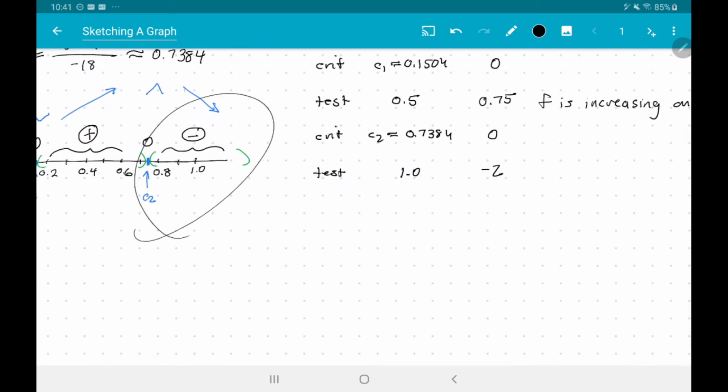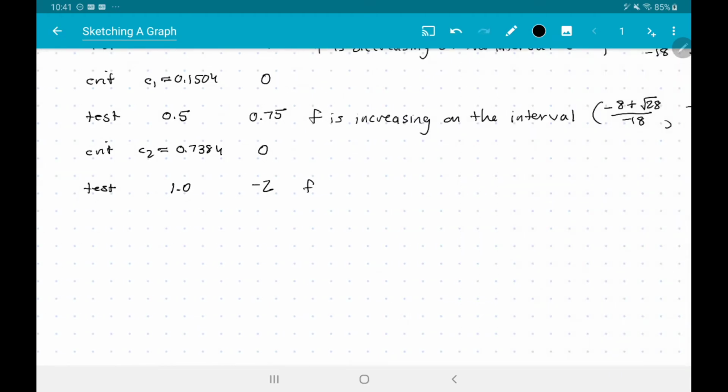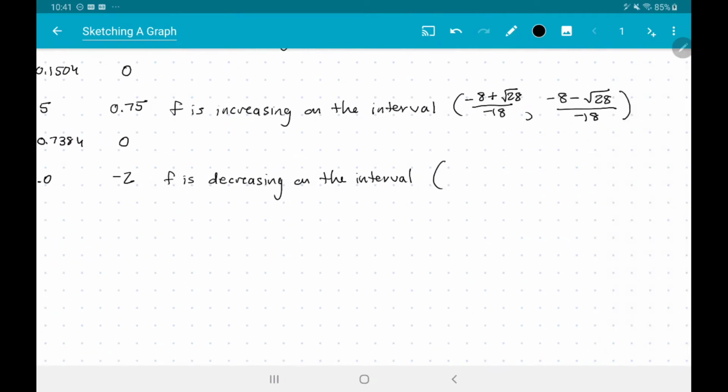In the third interval, f is decreasing. F is decreasing on the interval. And again, this interval picks up where the other one left off. Negative 8 minus square root 28 over negative 18.